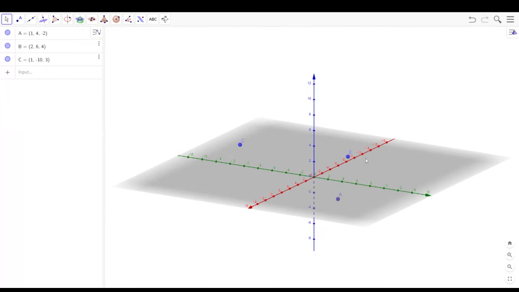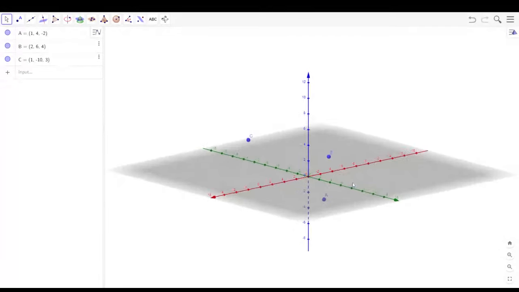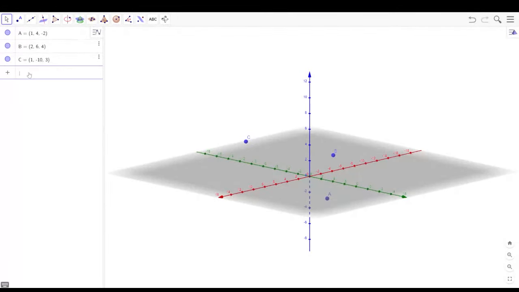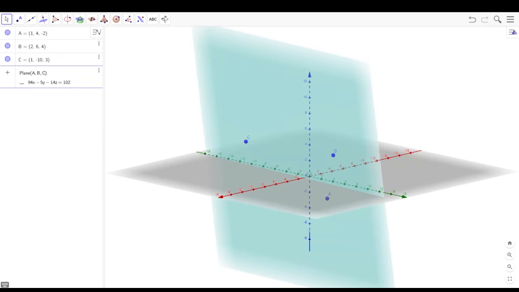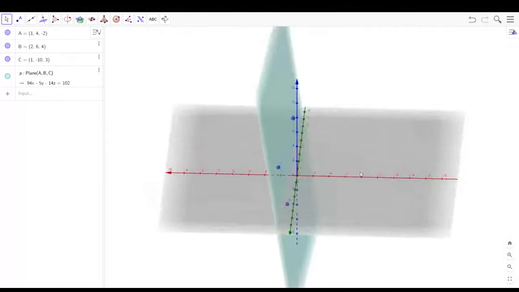Okay. So you can see 3 points sitting in 3-dimensional space. That's all we need for the equation of a plane. So if I go plane A, B, C, it is. Oh my goodness, that was easy, wasn't it?